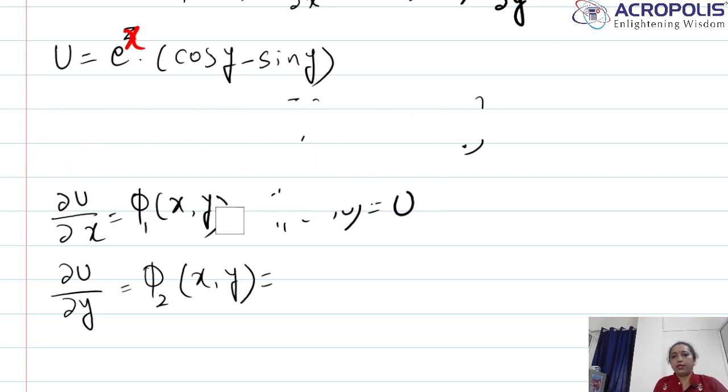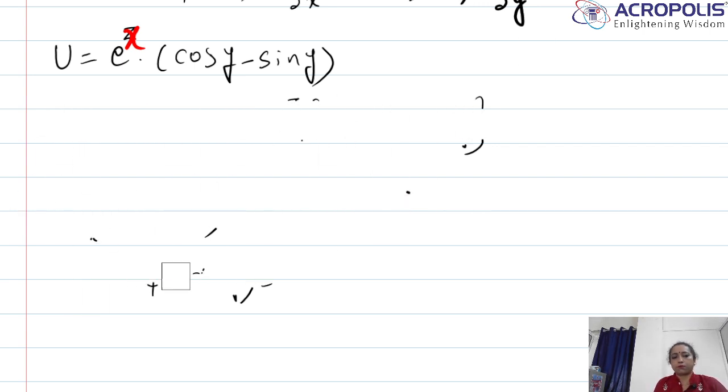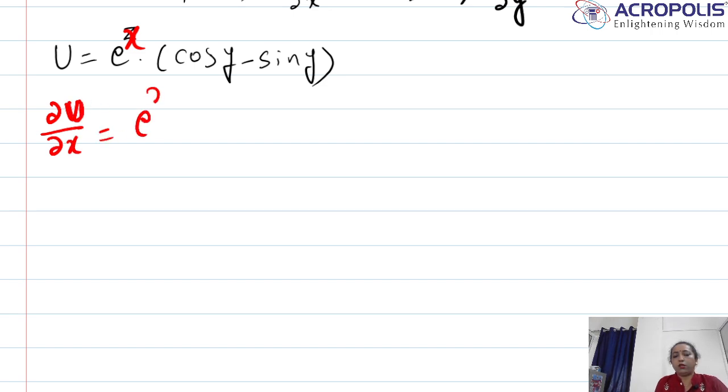So we will get del u by del x, which is equal to e to the power x dot (cos y minus sin y).